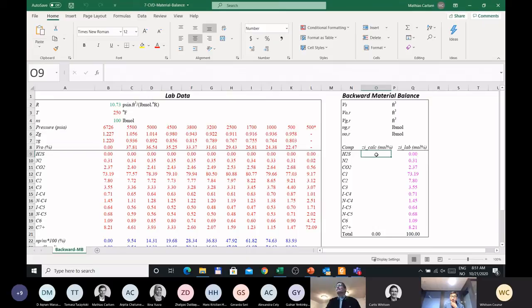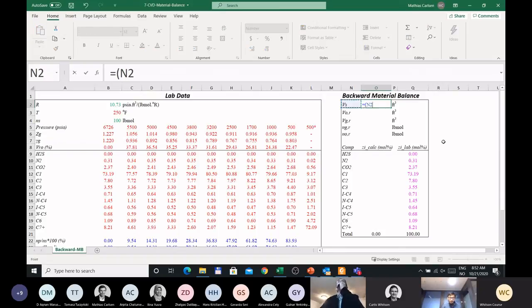And to do that, we already saw that there are certain things that we need to calculate first. So first we will calculate the volume of the PVT cell initially, and for that, what we saw in the slide, we can use the real gas law, PV equals nZRT. So we have the moles, that's the total moles that we are starting at. We are assuming that there were 100 moles initially in the PVT cell.